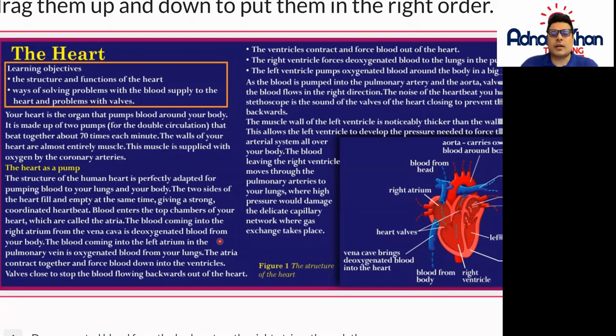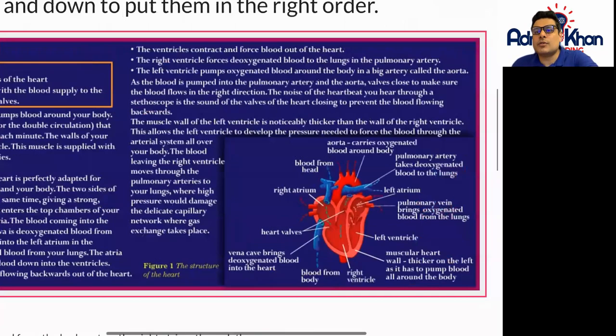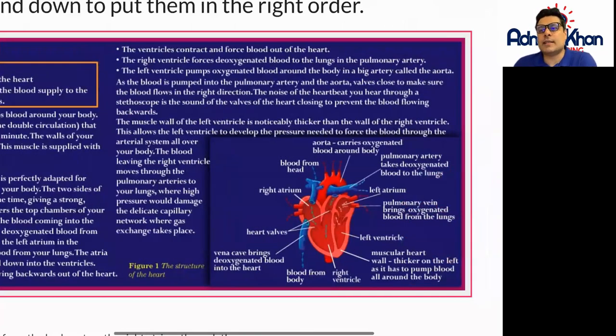So the atria contract together and force blood down into the ventricles. Valves close to stop the blood flowing backwards out of the heart. So the ventricles contract and force blood out of the heart, and the right ventricle forces deoxygenated blood to the lungs in the pulmonary artery.